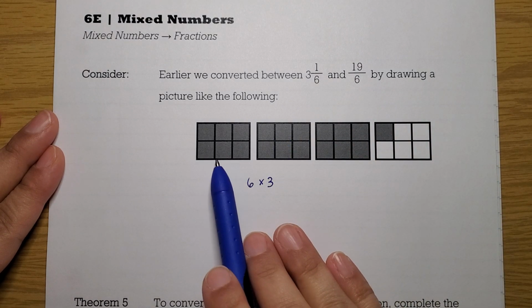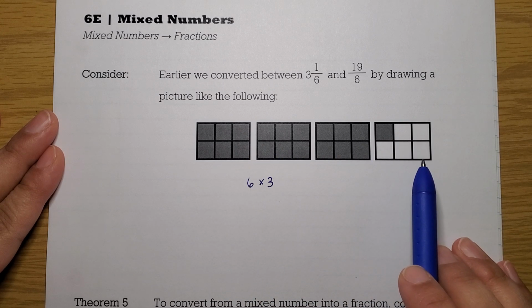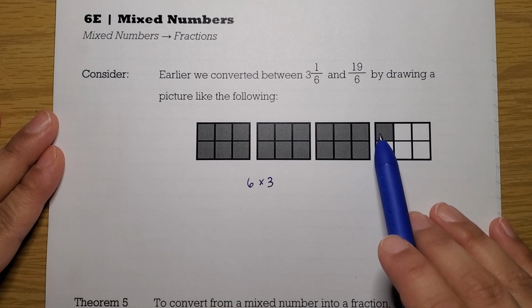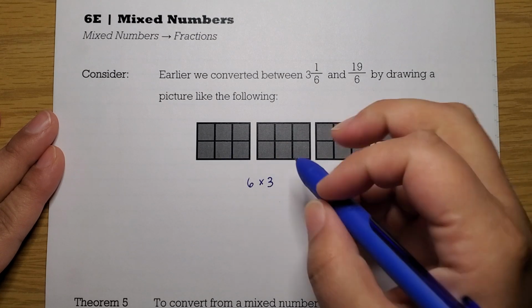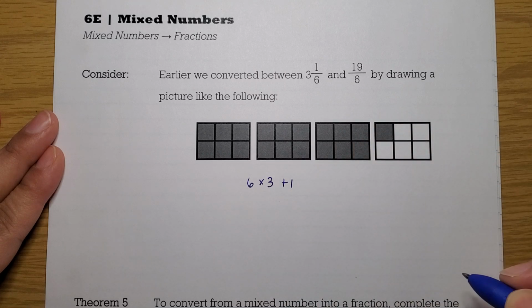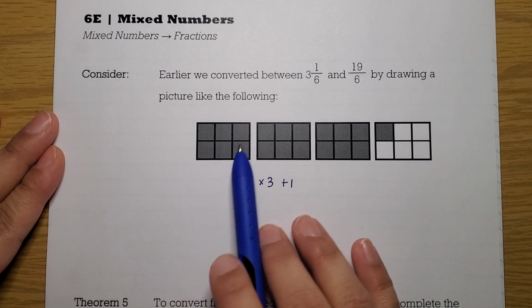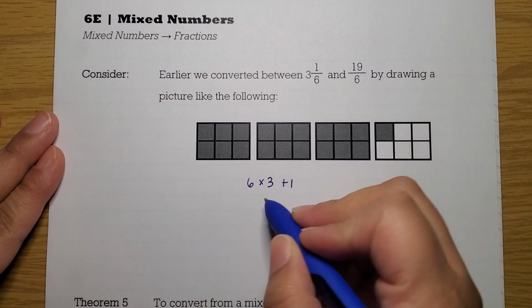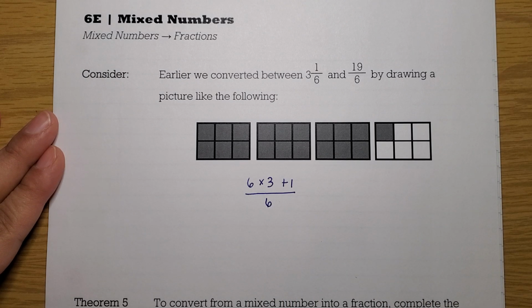So that's going to give us how many colored in squares are here. And then this one, there's only 1 piece shaded in. So after I do that multiplication, I'm going to add that 1 extra piece there. Now each of these candy bars is made up of 6 pieces, so our denominator here is going to be 6 pieces.